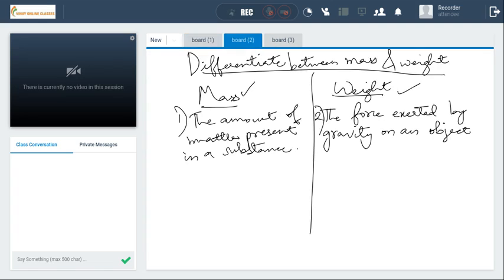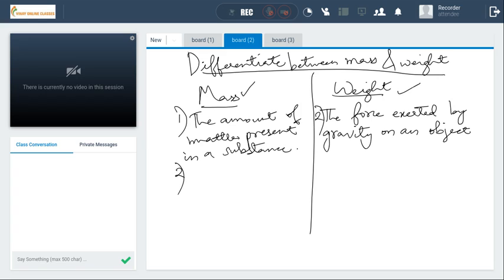Okay, so I was saying, if you have to differentiate between mass and weight, the first point is the amount of matter present in a substance is known as its mass, and the force exerted by gravity on an object is called its weight.